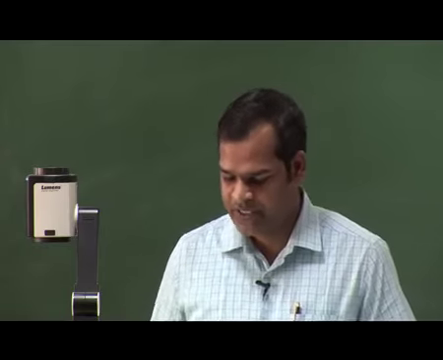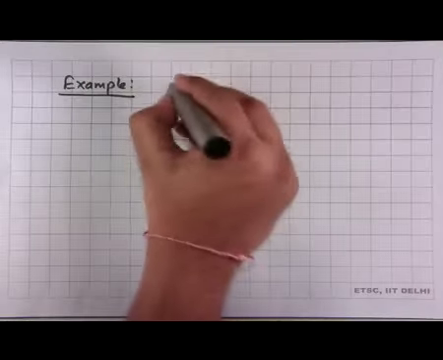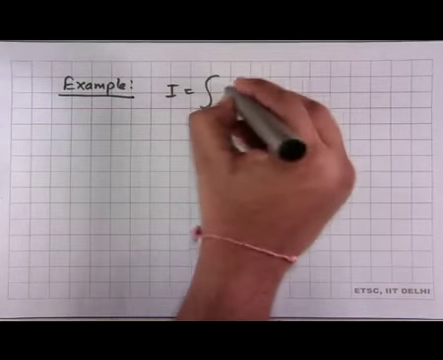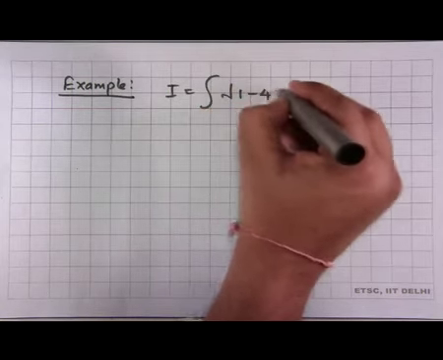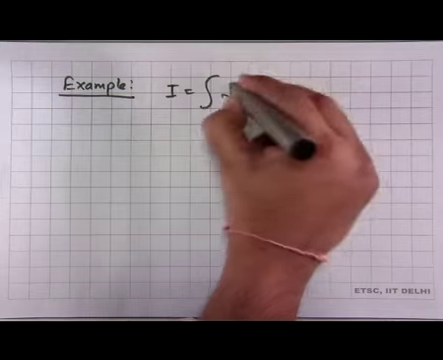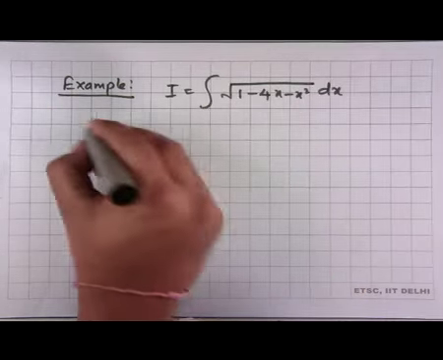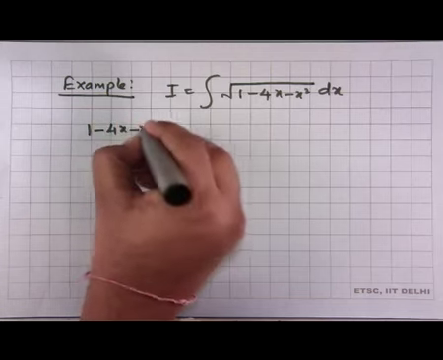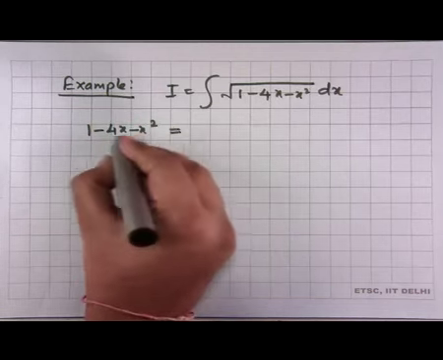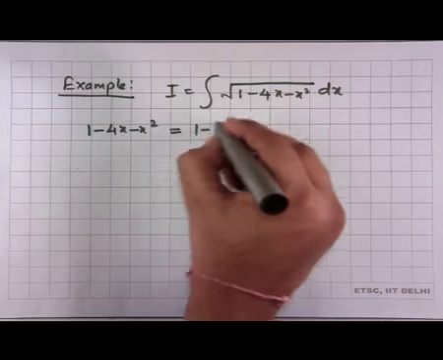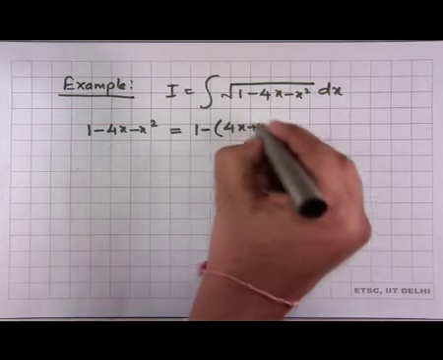I will give you a quick example. Let us try to find the integral of square root of 1 minus 4x minus x squared dx. You can easily see that you can write 1 minus 4x minus x square as 1 minus, x square plus 4x.